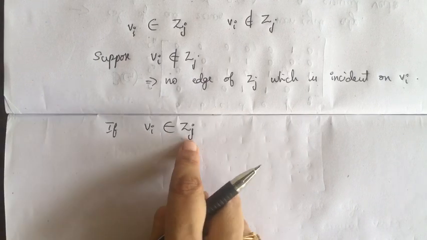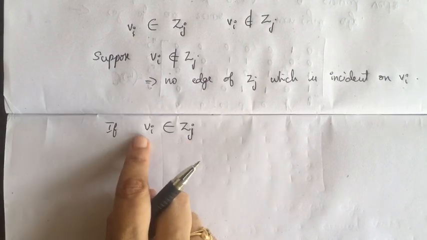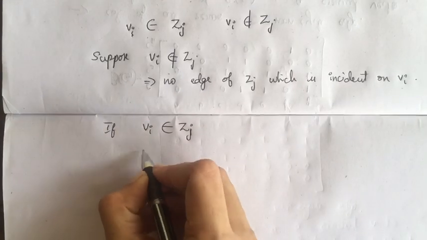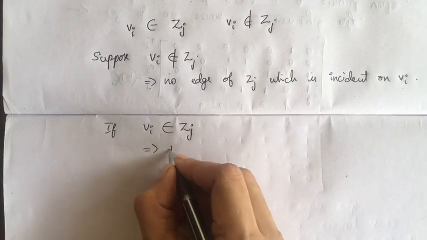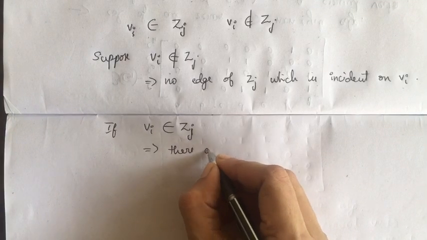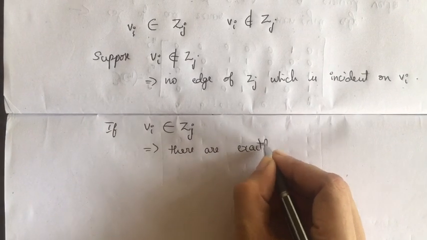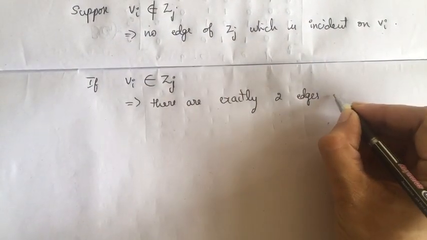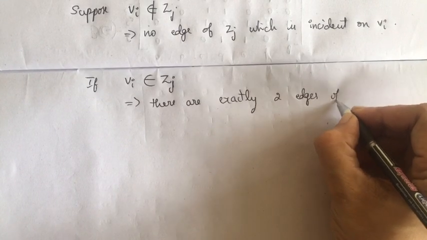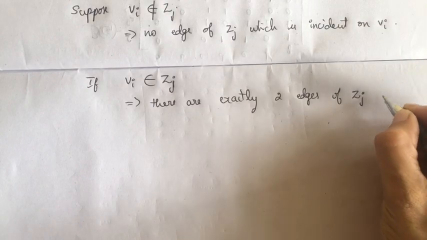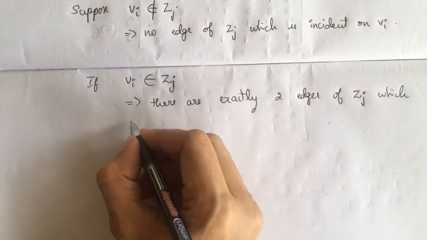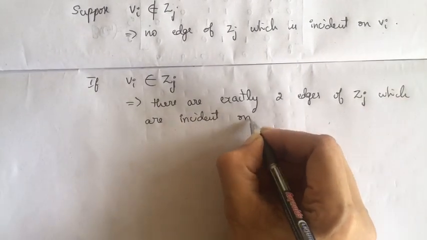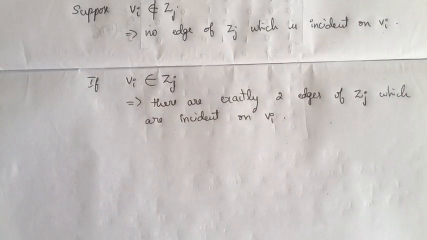So if Vi is in the circuit Zj, then there will be exactly two edges of Zj which are incident on vertex Vi.